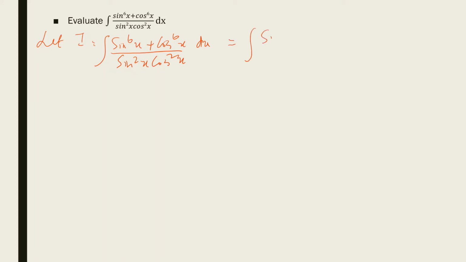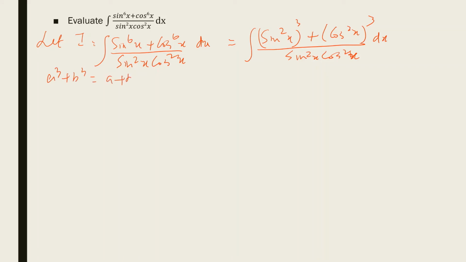So you can write it as sine square x the whole cube plus cos square x the whole cube, we can make use of the identity a cube plus b cube is equal to a plus b the whole cube minus 3ab into a plus b. We can make use of this identity over here.